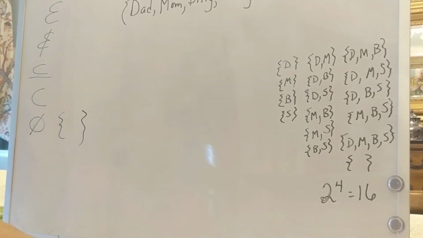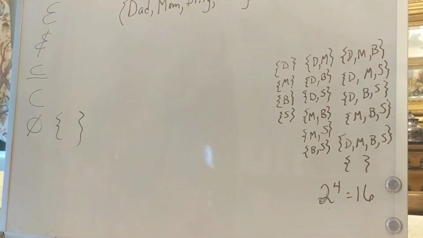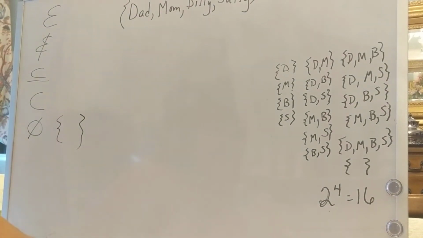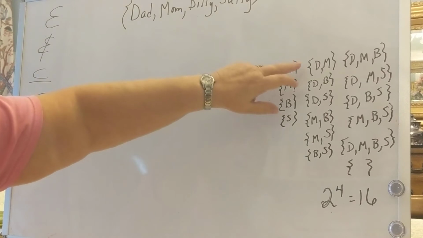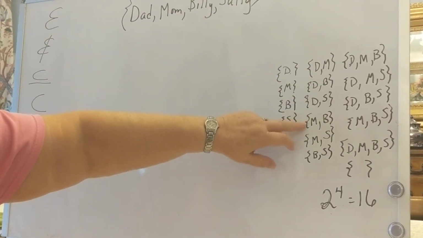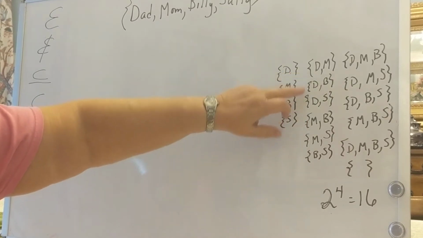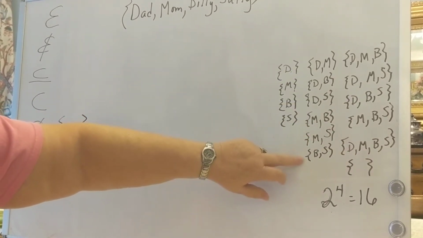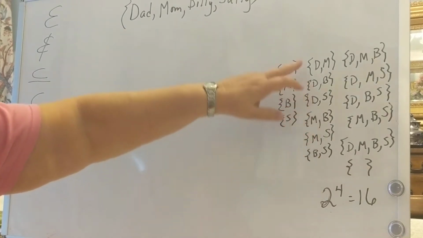They're a small part of this set. Then I list all the 2-member subsets. So I use Dad with Mom, Dad with Billy, and Dad with Sally. Then I don't want to put Mom and Dad because I've already got that. Mom with Billy and Mom with Sally. Then I do Billy with Sally, and Sally's already combined with everybody.